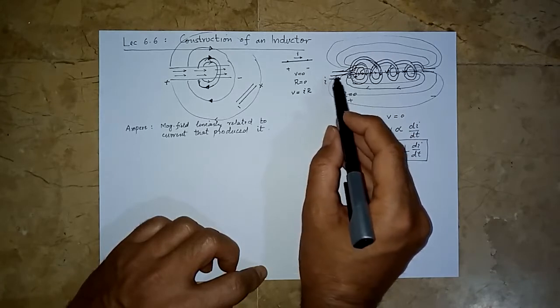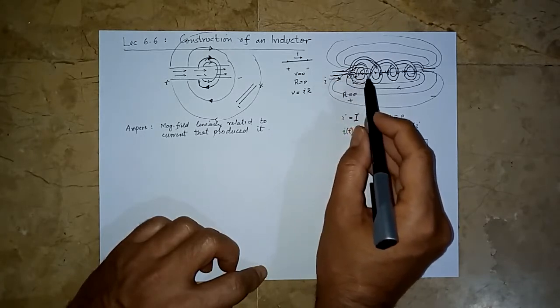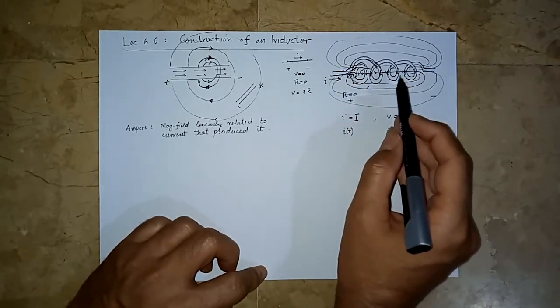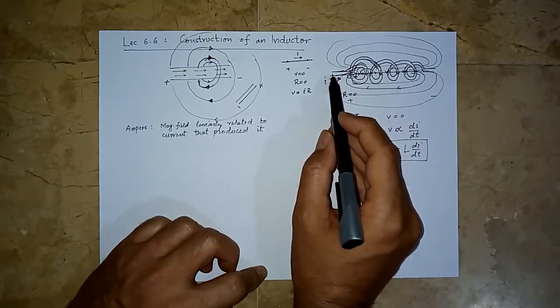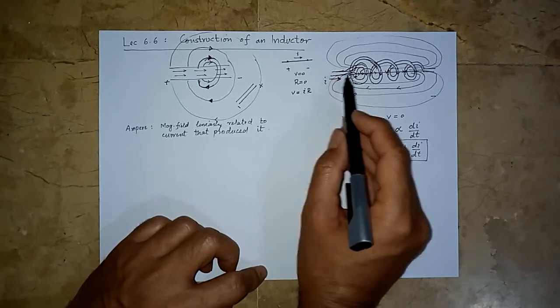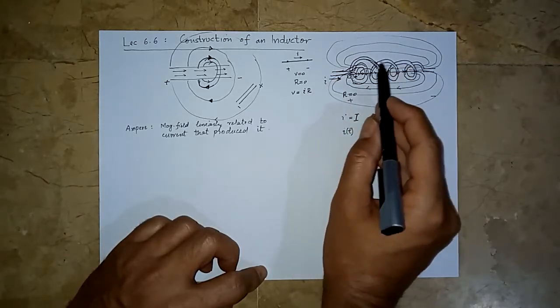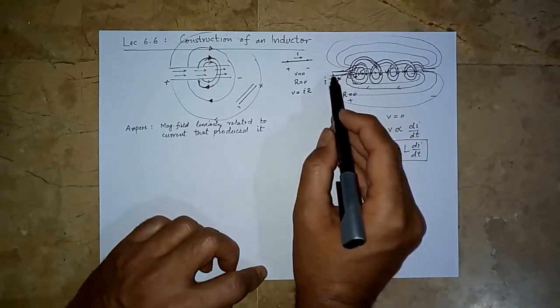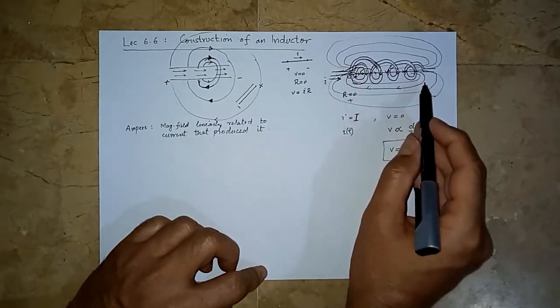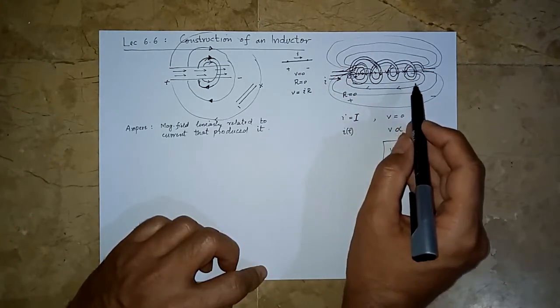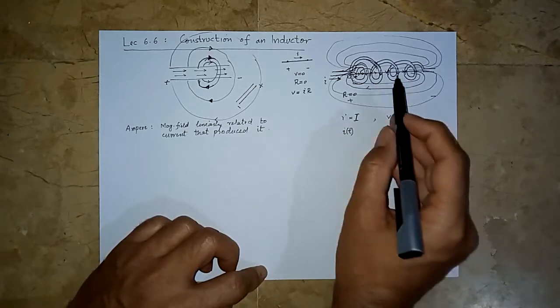So while we have a current that is changing with time, that is going to create a magnetic field that is going to change with time. So when the current value gets low, we have a low strength magnetic field. But when it gets higher, we get a stronger magnetic field. So basically the magnetic field is changing.